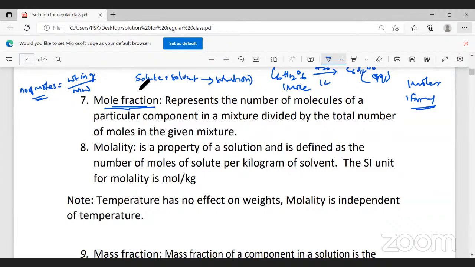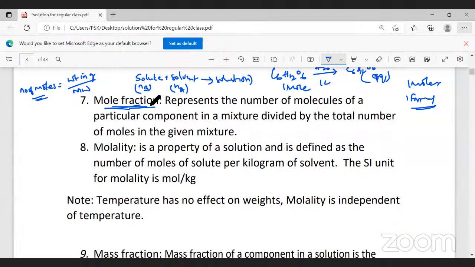A solution is nothing but a mixture of solute and solvent. Now, we will define what is mole fraction a little later. Solute normally we represent by the letter B, the number of moles of solute as NB, and the number of moles of solvent as NA. The number of moles is given by the formula weight in grams per molecular mass. I taught you this, and we worked on some problems earlier.